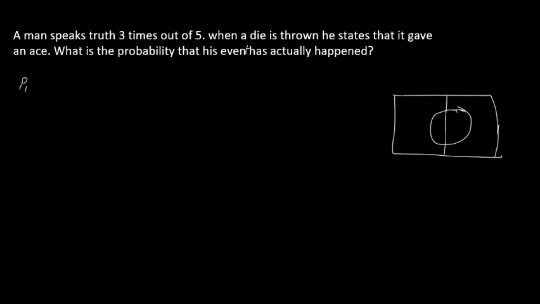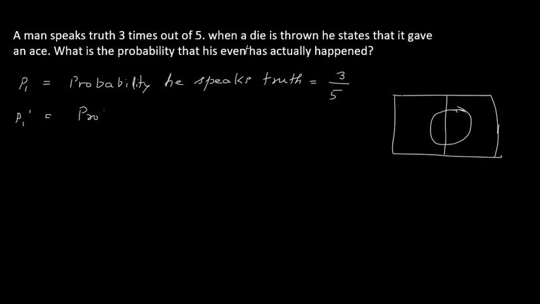Here P1 is probability that he speaks truth. So this is 3 out of 5. Now P1 dash will be probability of an ace.